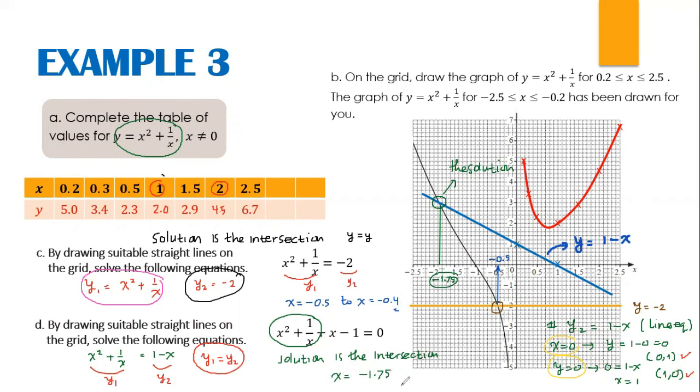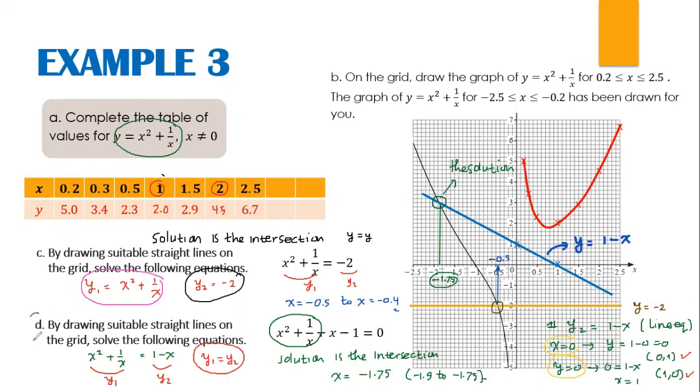So what about x minus 1.8? That's possible too, right? Based on your drawing. So we can write here the possible answer is minus 1.9 to minus 1.75. So that's the answer. Is it clear to everyone?